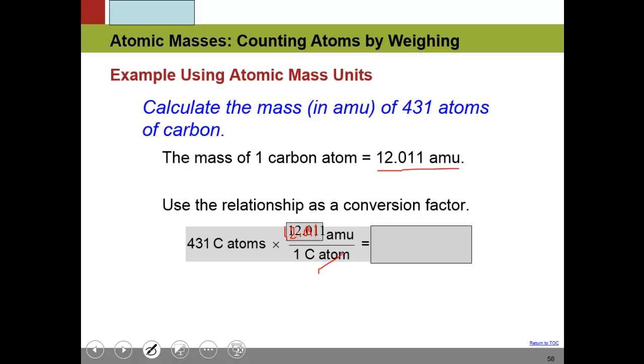The atoms of carbon will cancel, and we have AMUs. And so we will see that if we were to weigh out 5,176.76 AMUs, that would be equal to roughly 431 carbon atoms. So we have a mass and we have a number of atoms.